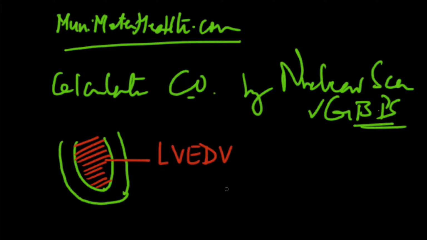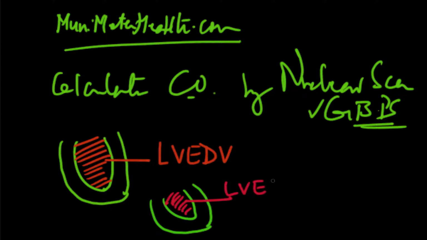Then in left ventricular end-systolic volume, we show a smaller ventricle. Here is a smaller ventricle, and obviously the muscle wall is a little thicker because it's contracted, and the volume inside becomes your left ventricular end-systolic volume.